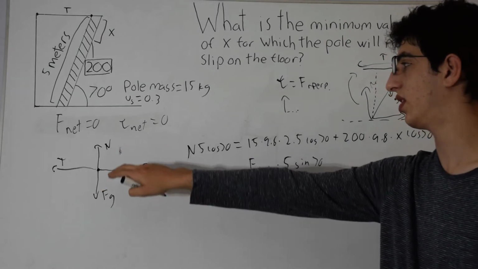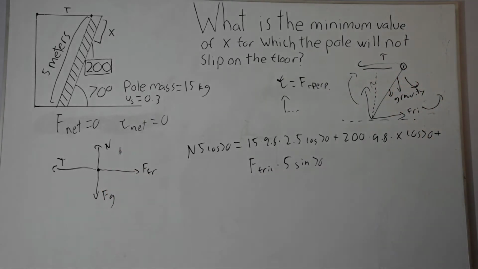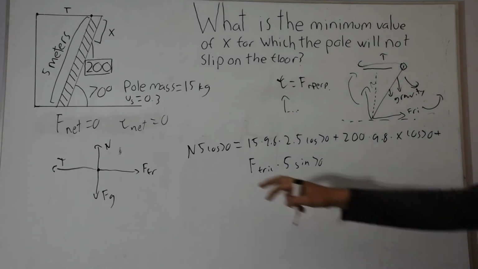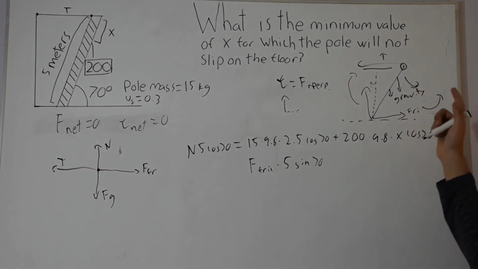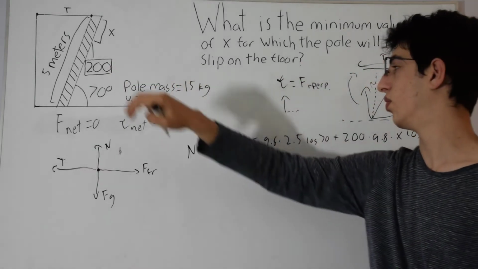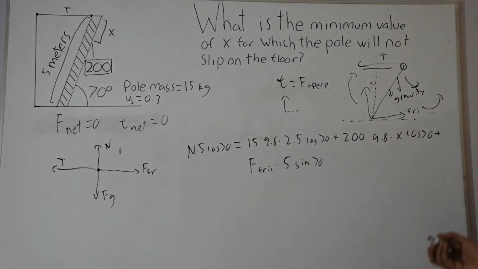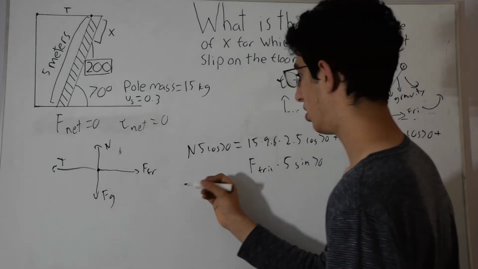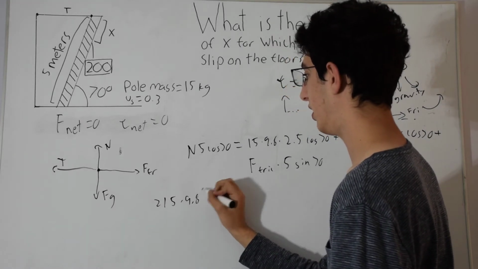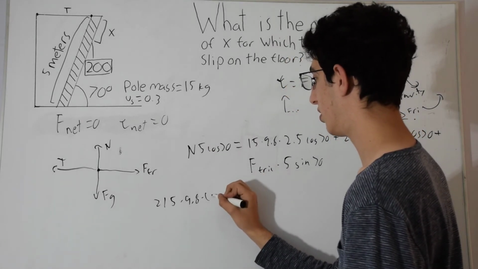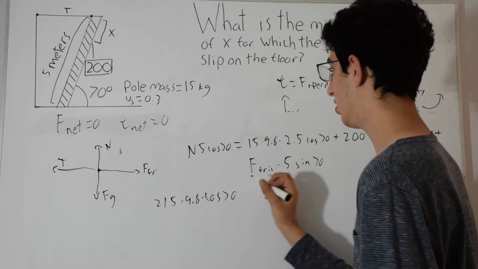The normal force is the same magnitude as the force of gravity. So the normal force must be the total weight of the rod plus the hanging mass, which is 215 times 9.8. So I can plug those variables in. So 215 times 9.8 instead of normal force times cosine 70.